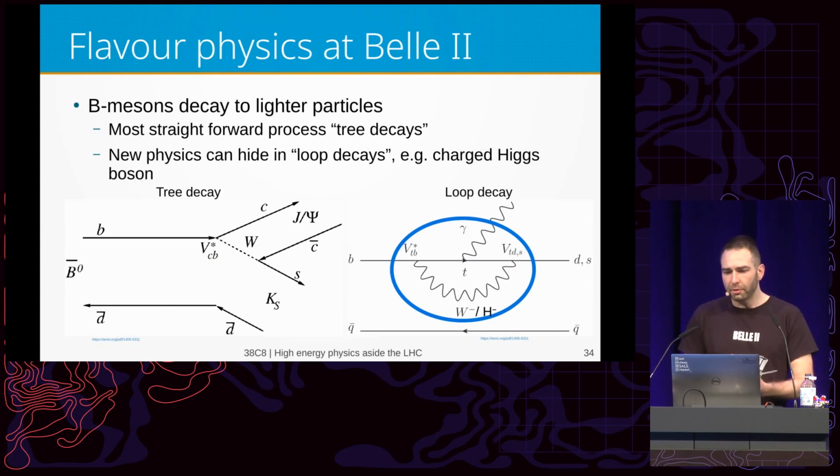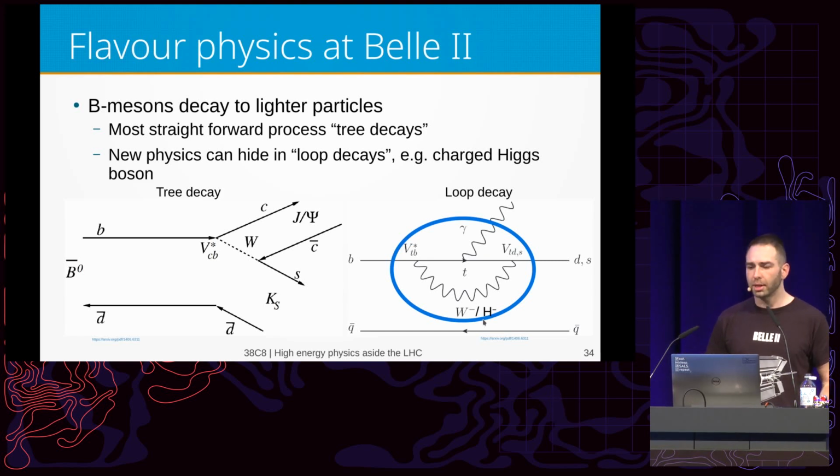We really have to study this process in much detail to understand what happens in there and whether we maybe have contributions from new particles. There's no need for just a charged Higgs boson. It could also be dark matter that we have been searching for since quite some time, and while we know that it exists.